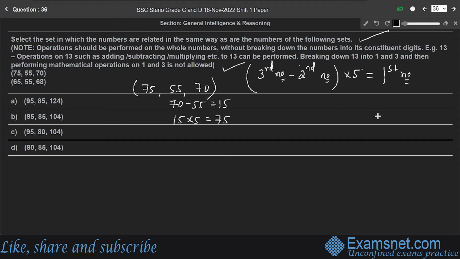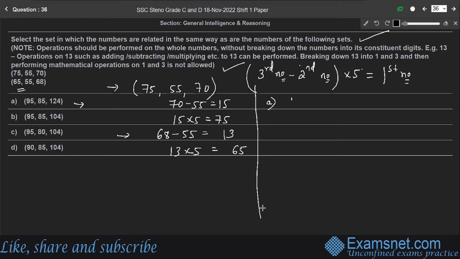Very simple logic, right? Similar with the second set of numbers. Here the third number 68 minus 55 is 13, and 13 into 5 is equal to 65, which is the first number. So among the 4 options, which option follows the same logic? We'll consider option A, 95, 85, 124.